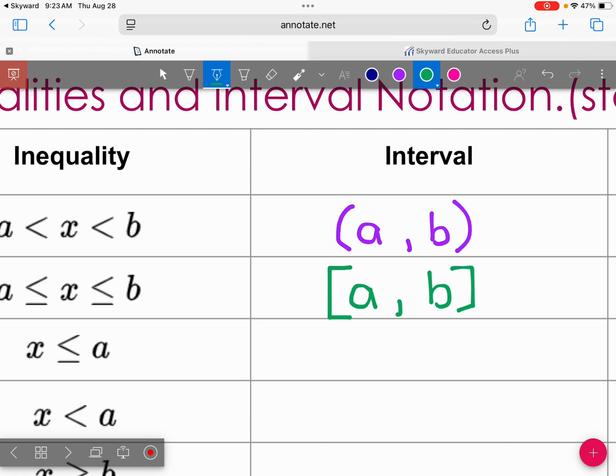It does matter. If we have an equals to, we use the square brackets. If we do not have an equals to, we use parentheses. These ones I can touch. The parentheses, I think of it as a noxious little sibling going, I'm not touching you, I'm not touching you. It's getting really close, but it's not technically touching it.